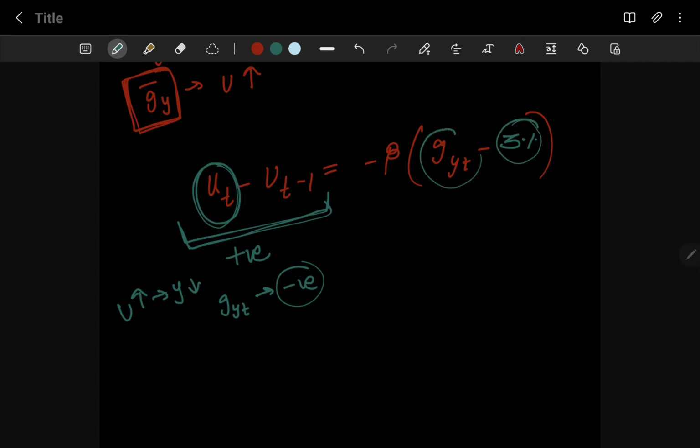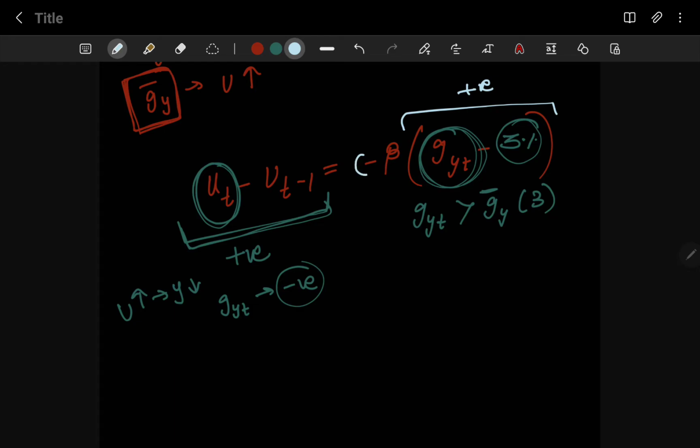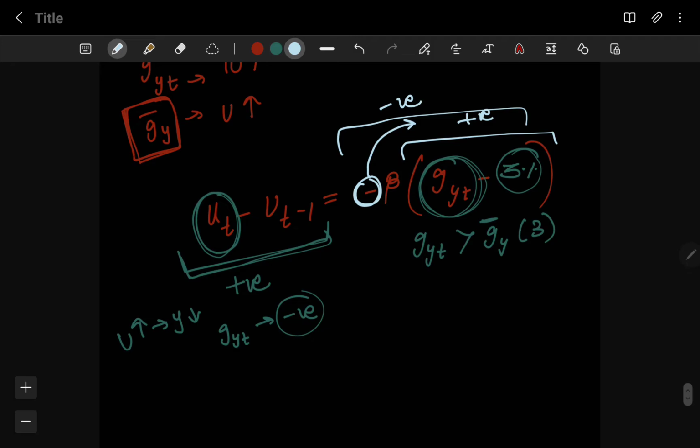Now, if our GYT, the growth rate of the current year, is more than 3, if GYT is more than GY, then this value will turn out to be positive. With this negative, this entire value will turn out to be negative. If this is negative, it means your unemployment has decreased, right? So if GYT is more than GY, it means UT decreased.